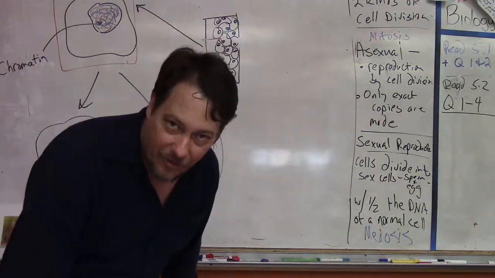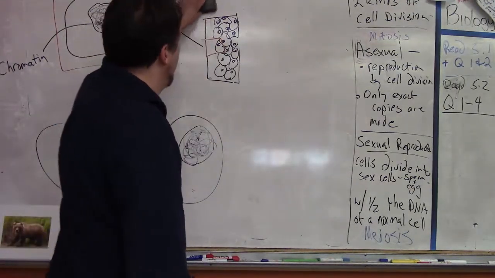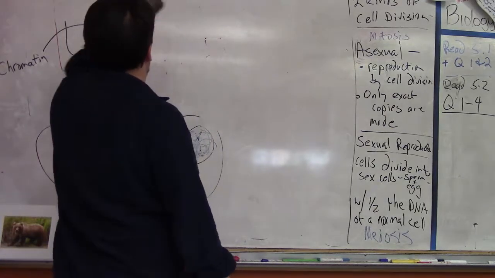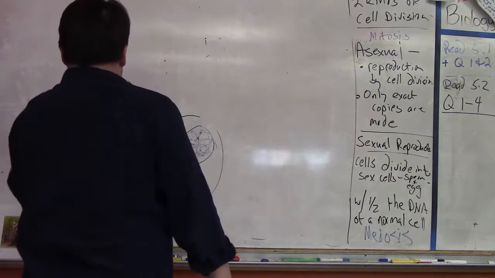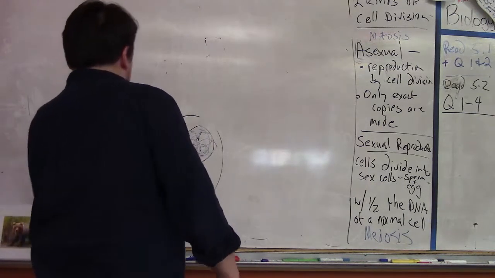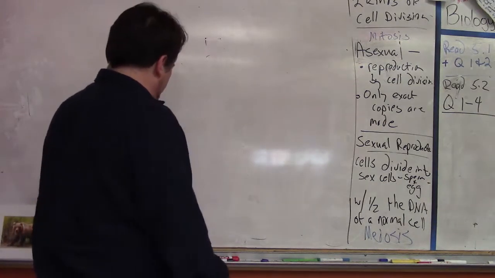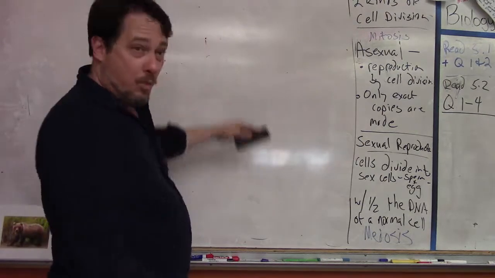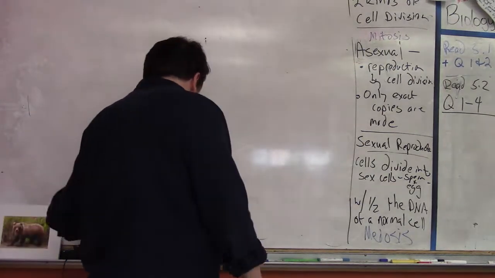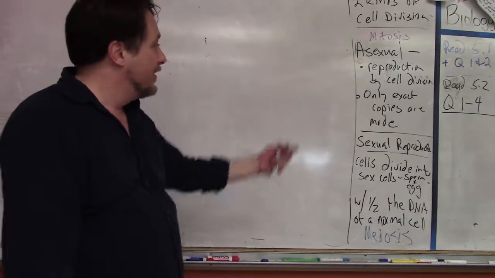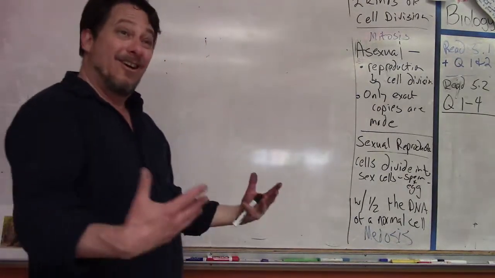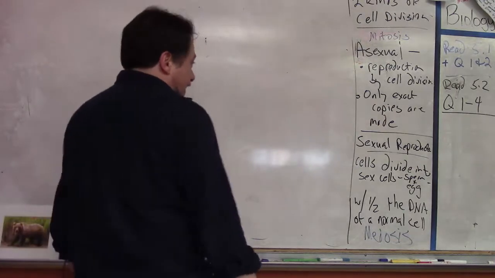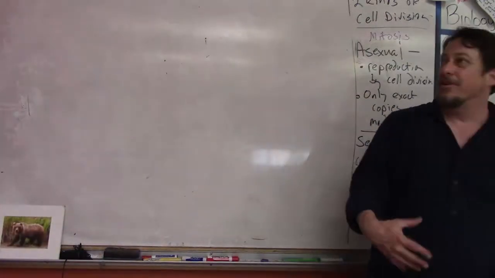You do not have to memorize these, which is good. In years past, we made people memorize these, but based on the new standards, we've decided that the more important part is understanding why these two processes are different. What you're going to see is that mitosis, asexual reproduction, and meiosis, sexual reproduction, are similar but also very different. And what we want you to know is why.